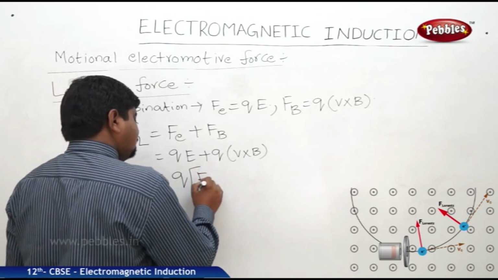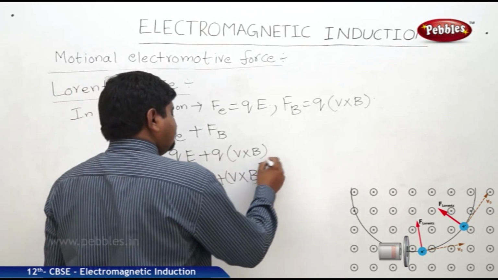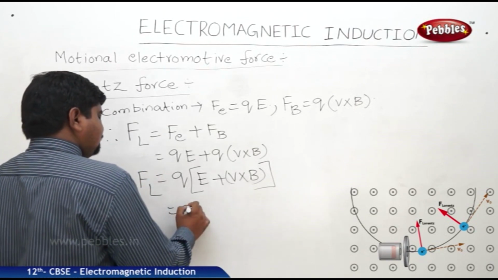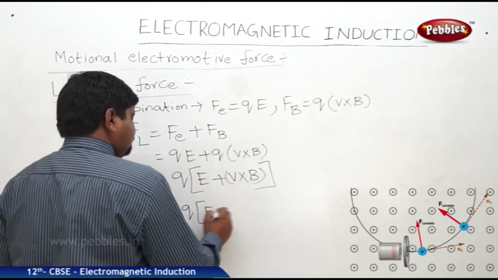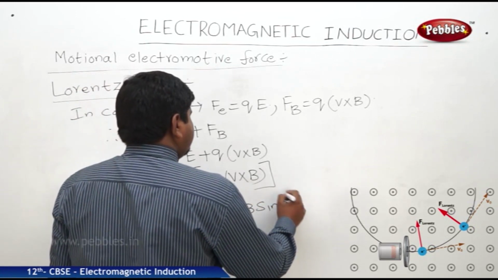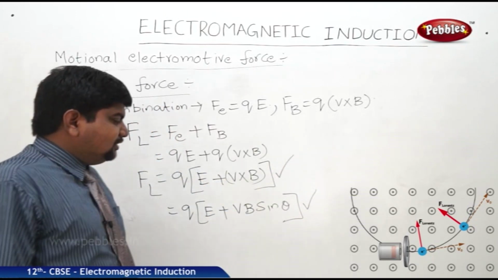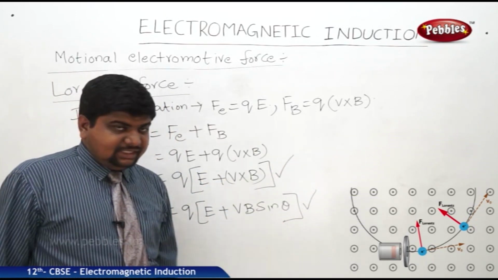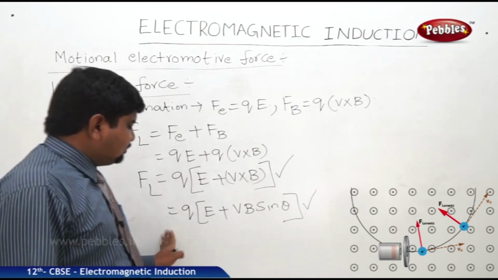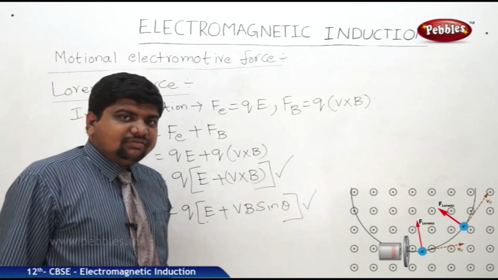We can say Q into E plus V cross B. This is the expression for Lorentz force, and we can write this as Q into E plus VB sin theta. So the vector product V cross B is VB sin theta. This is the information about the Lorentz force, which is the combination of electrostatic force plus magnetostatic force.